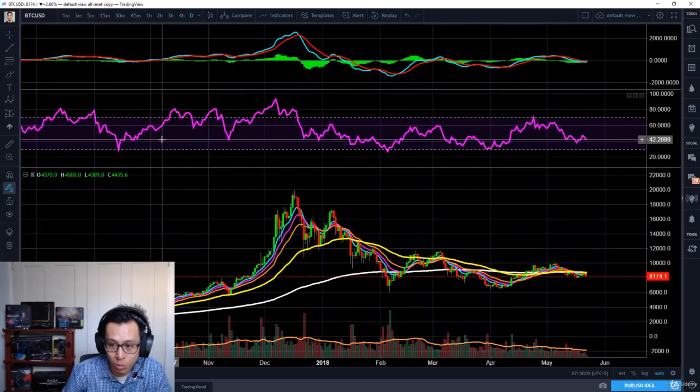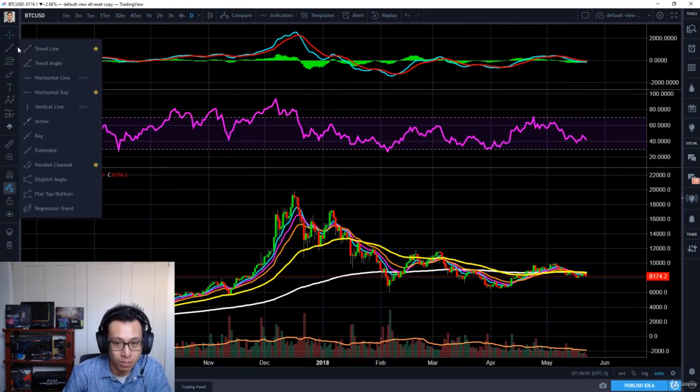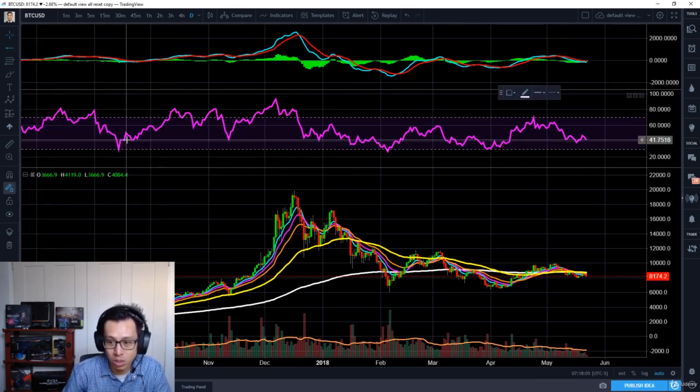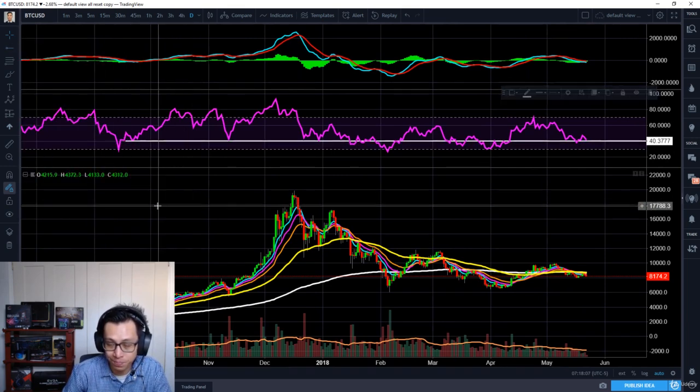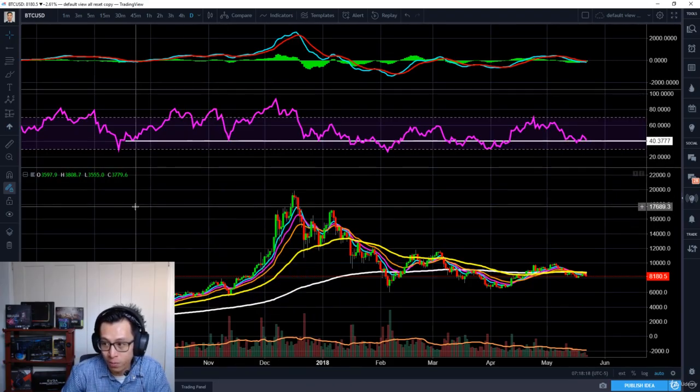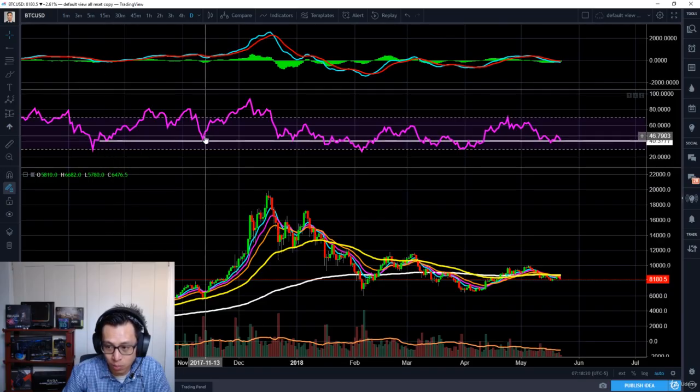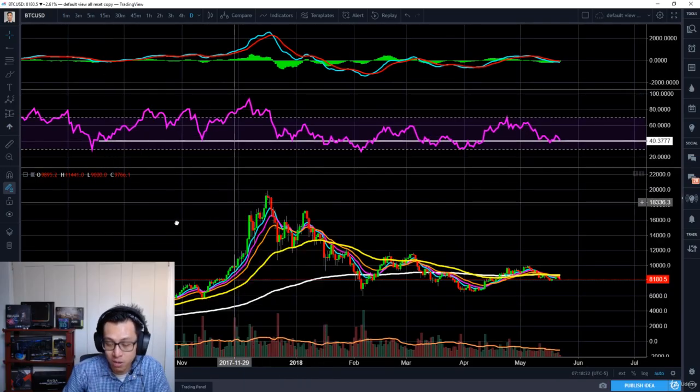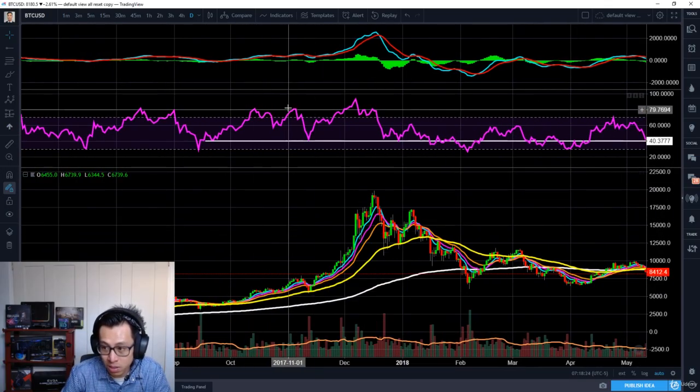That's right, guys, we could consider RSI support. To give you a really good example, see this right here? That would be considered an RSI support back in September. Right here as well, an RSI support, right? So now that we've got 2 points of RSI support, to give you guys a really good idea, right?